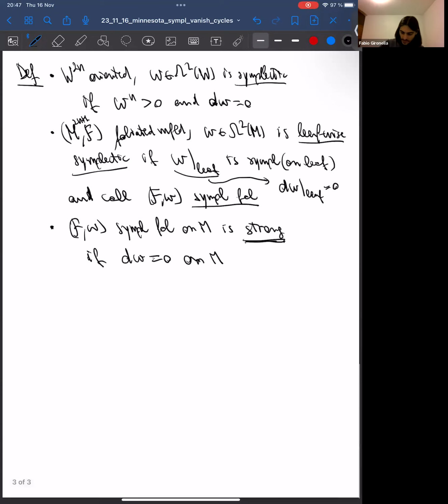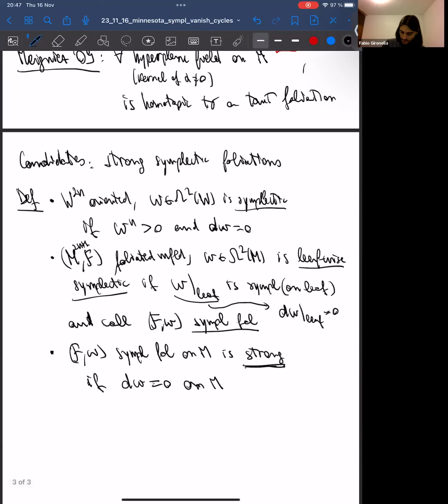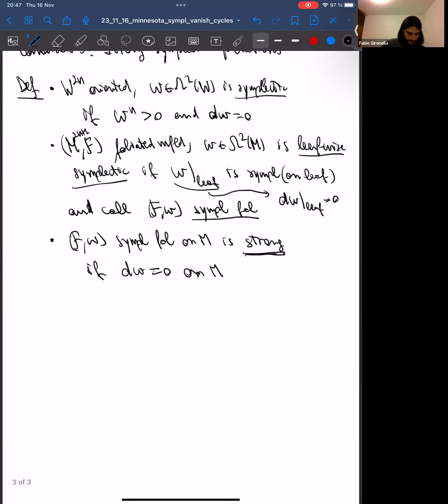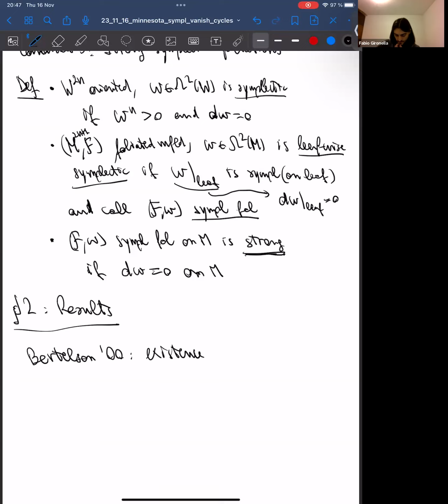Okay, so this was just some propaganda, let's say, of why people should be interested in this kind of stuff. But let me tell you why these are the right candidates to look at for this problem, and mention some results about these objects. The first result I want to mention is one by Bertelson. She proved an existence h-principle for symplectic foliations on open manifolds.